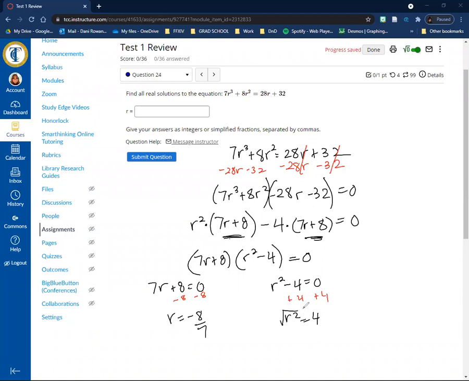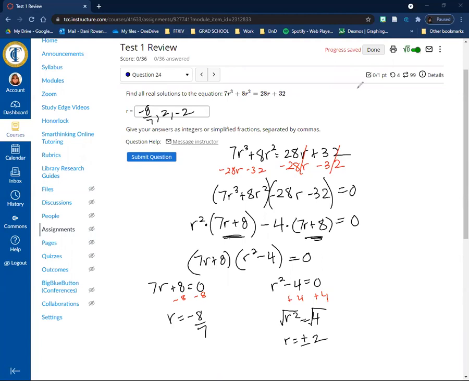We take the square root of both sides. What happens when we take the square root of something? How many answers do we get? 2. Yes, positive and negative. And what's the square root of 4? 2. Yep. So the way you would type our answers in here would be negative 8 over 7, comma 2, comma negative 2.